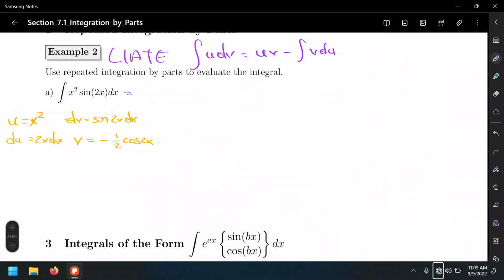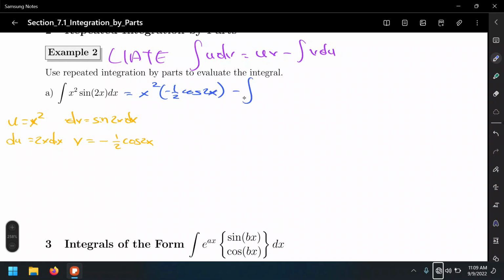All right. So let's see. u times v, that is x squared times negative 1/2 cosine 2x minus the integral of v, which is also negative 1/2 cosine 2x, times du, which is 2x dx. Right?